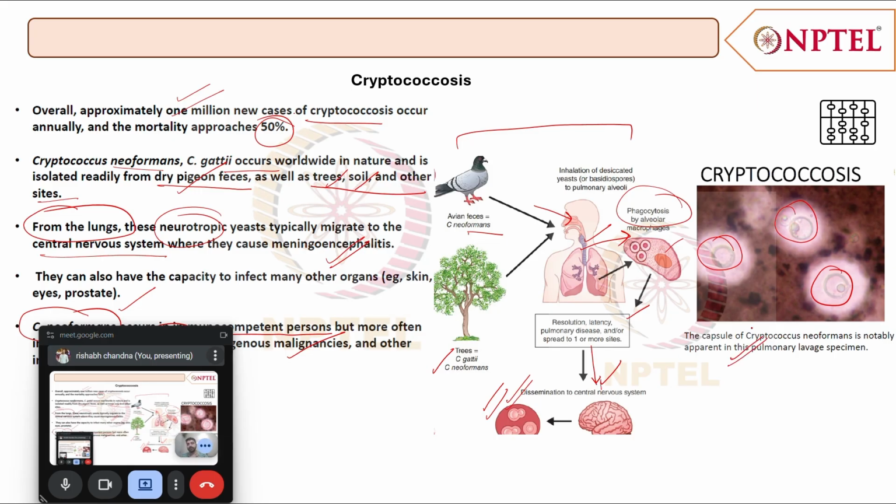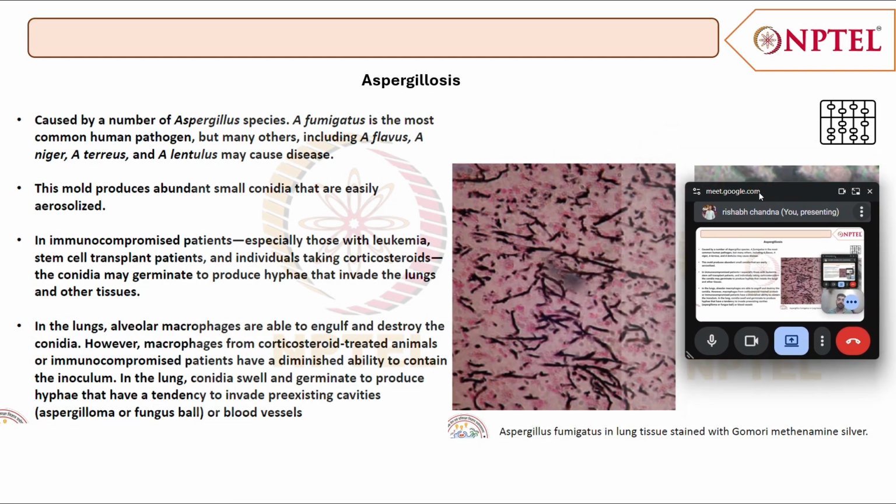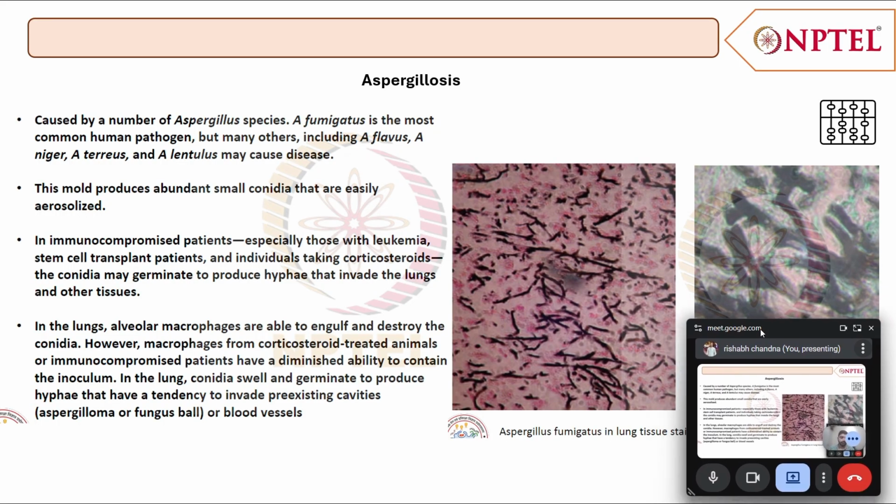Okay, moving on to the second disease, that is aspergillosis. So aspergillosis is caused by a number of Aspergillus species, for example Aspergillus fumigatus, the most common human pathogen, and other ones are Aspergillus flavus, niger, terreus, and the others.